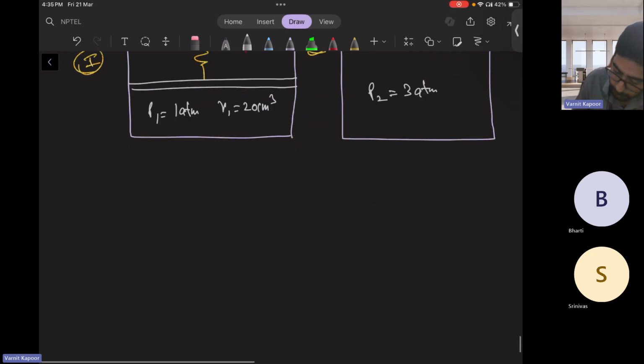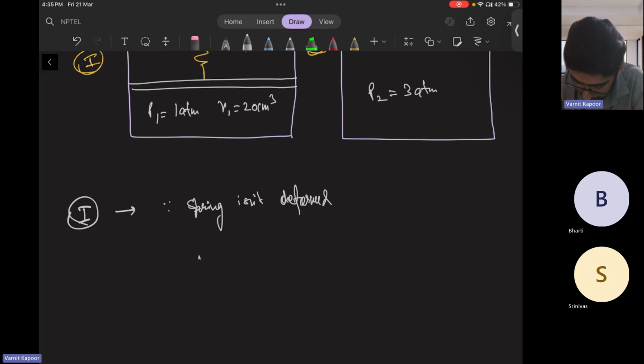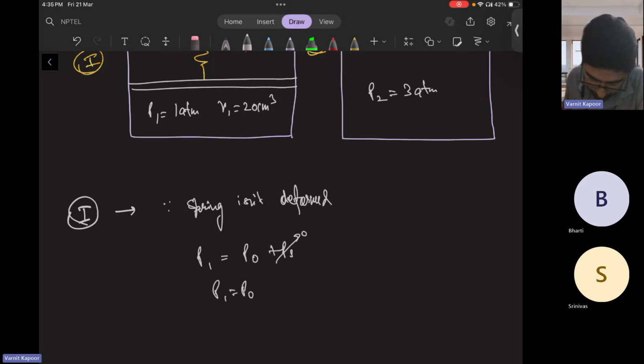In state 1, the spring isn't deformed, so by force balance or pressure balance, P1 is equal to P naught plus PS. Since it's not deformed, P1 is equal to P naught.